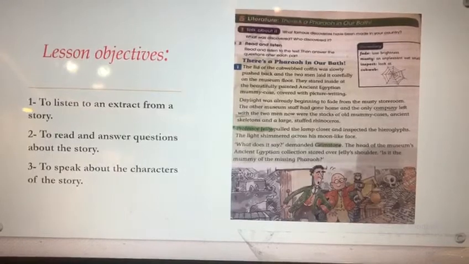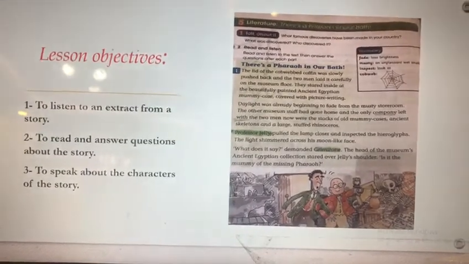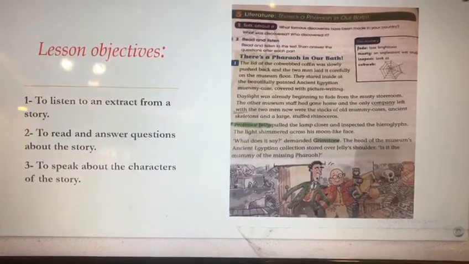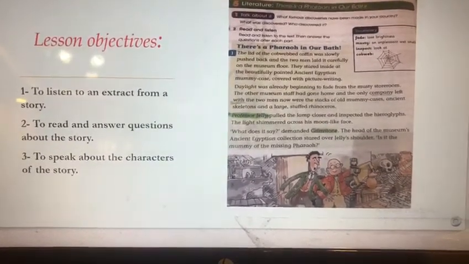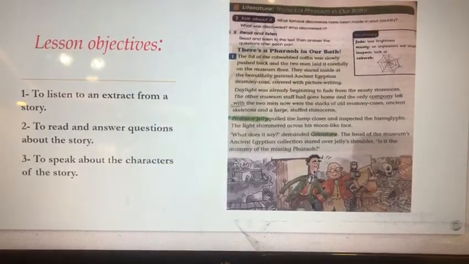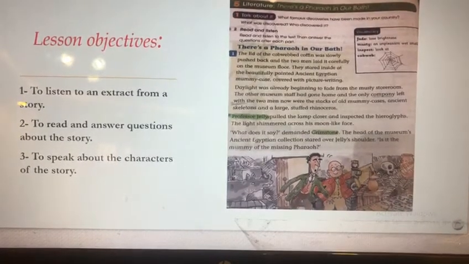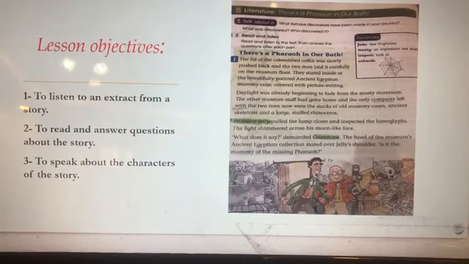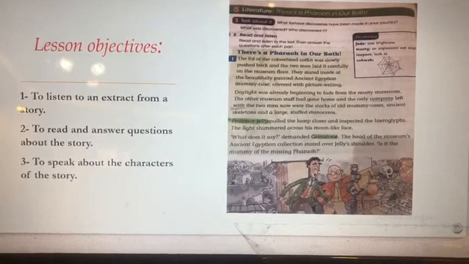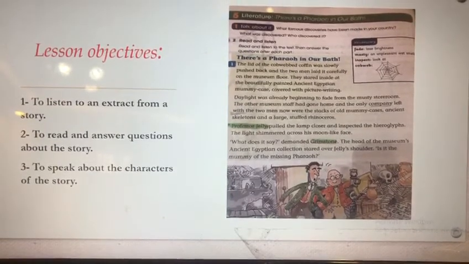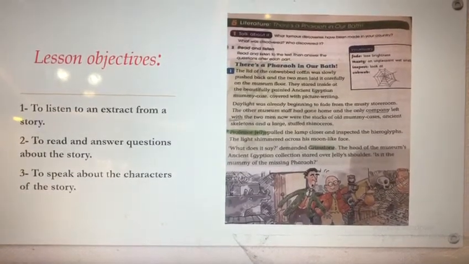So let me start. Now we will start page 105. Before we start reading, today you have to do the following. First, we should listen to an extract from the story, and then we should read and answer questions about the short story, and then we should speak about the characters of the story. Each one of you has a CD in his Learner's Book.